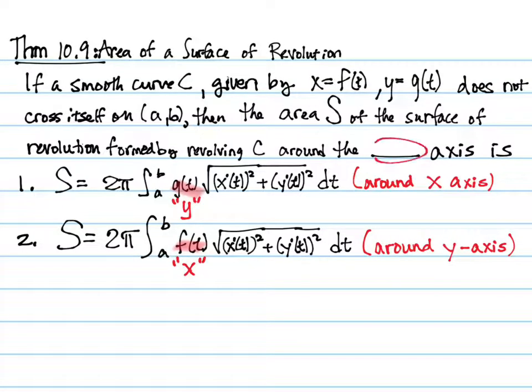And that's what goes inside this blank right here. It's which axis I'm going to be working with. In each of these cases, g of t or f of t are both positive. So in the first one, g of t is greater than or equal to 0. On the second one, f of t is greater than or equal to 0 in order for this to work the way we're working with it.